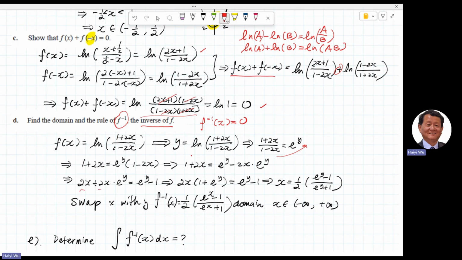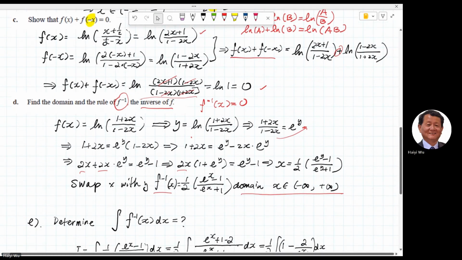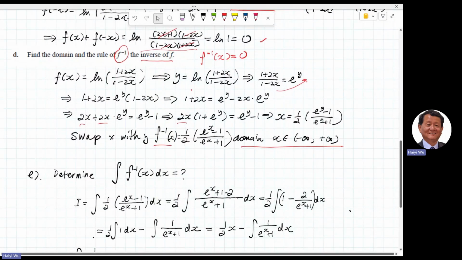I'll move x to the other side, take the 2x out. So finally, x becomes half of that. Then we swap x with y, because on the inverse we swap x and y. So the inverse is y equals half of (e^x minus 1) over (e^x plus 1). So the domain is negative infinity to infinity. So that's the inverse. Now we're going to determine the integration of the inverse.